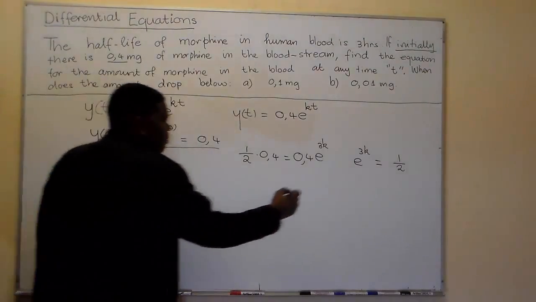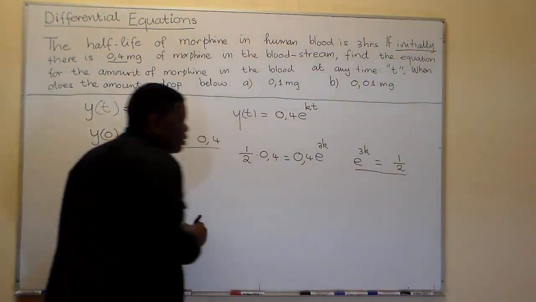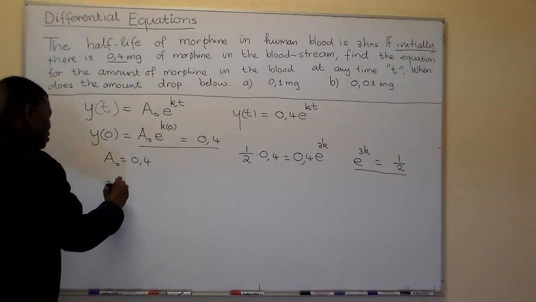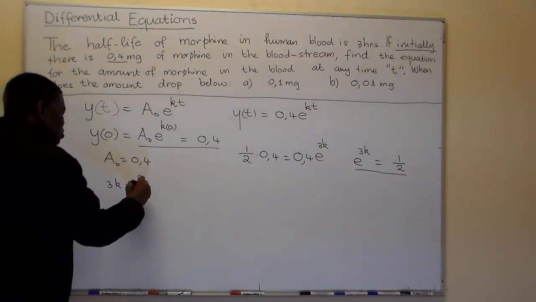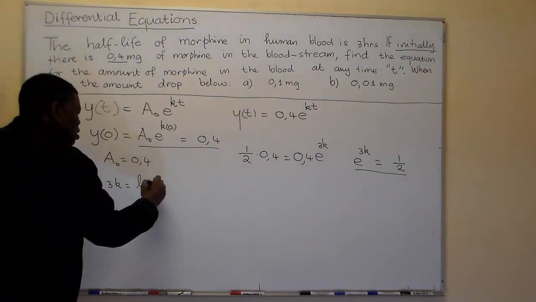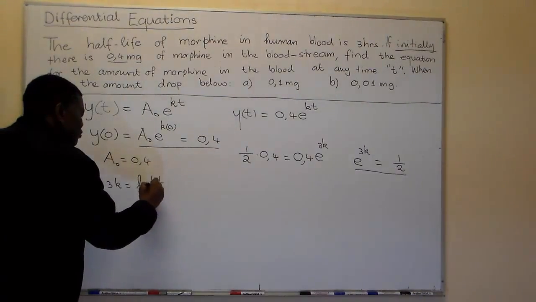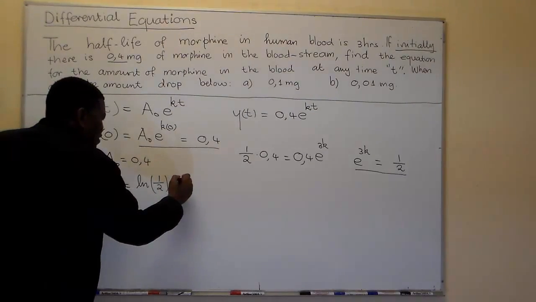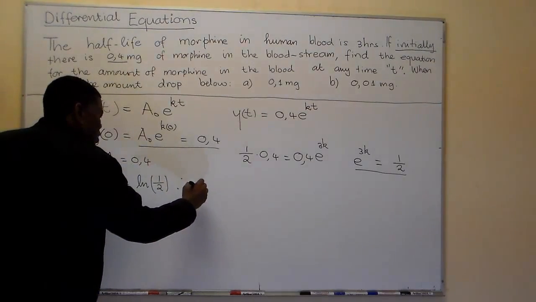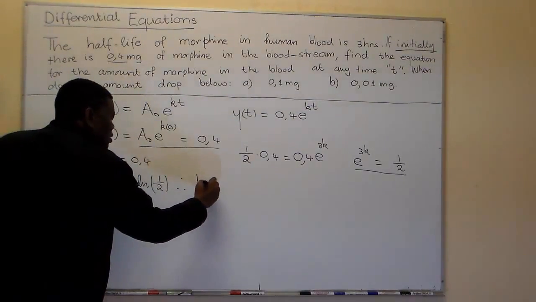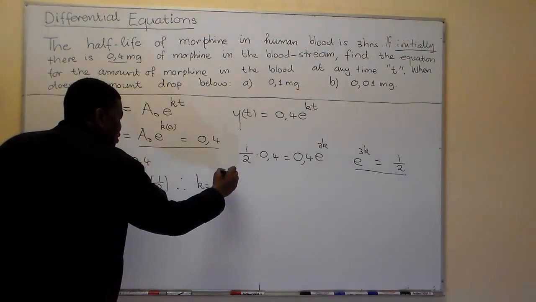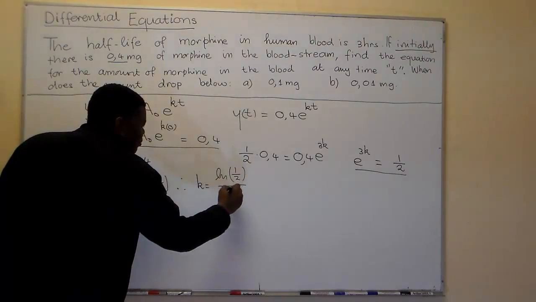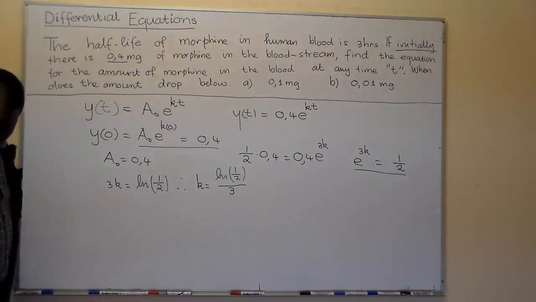And then now applying ln on both sides of this equation, we get that 3k is equal to ln of half. And this takes us to saying therefore k is equal to ln of half divided by 3.